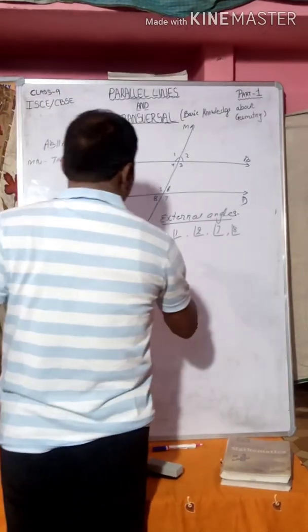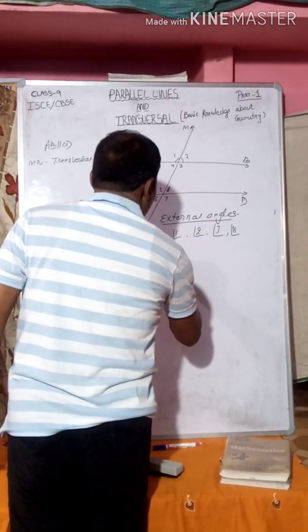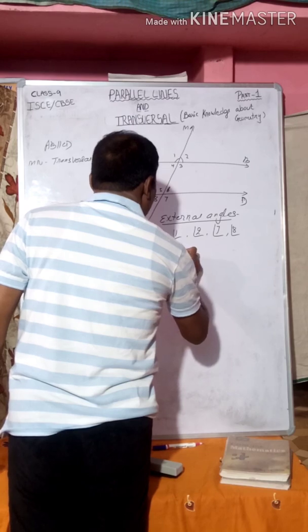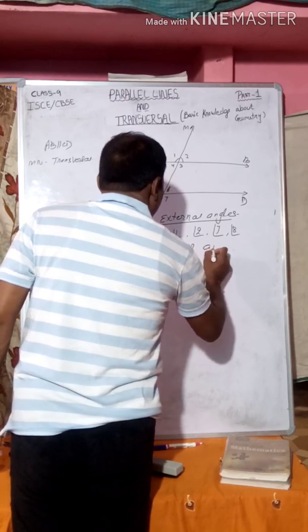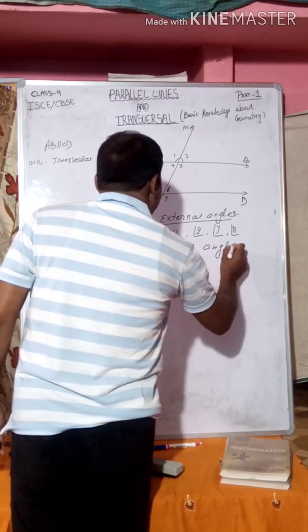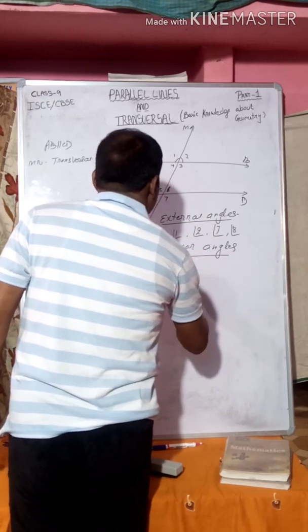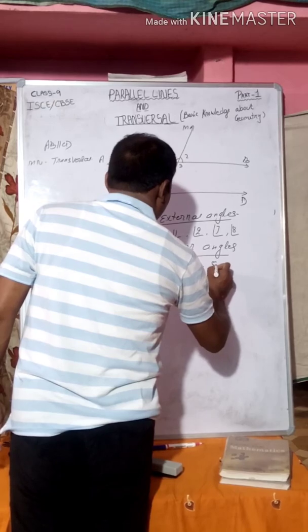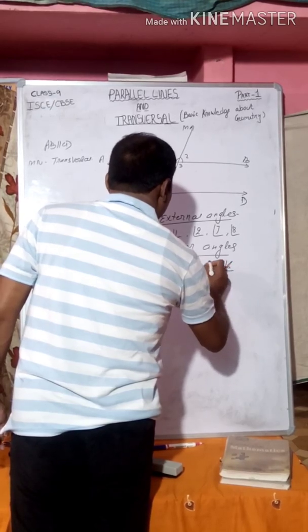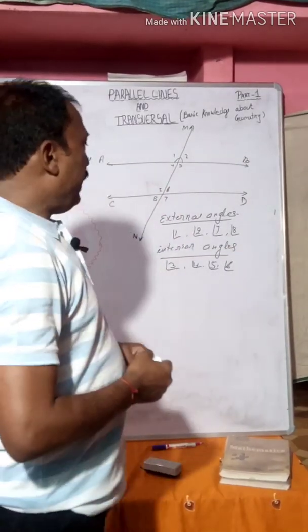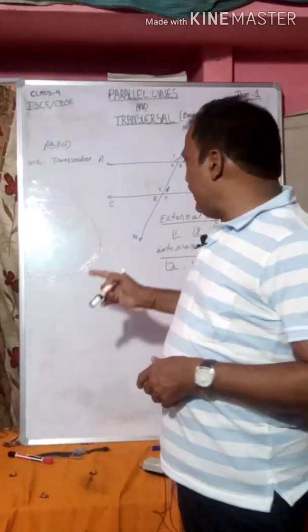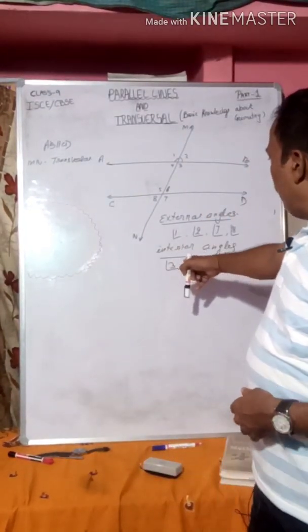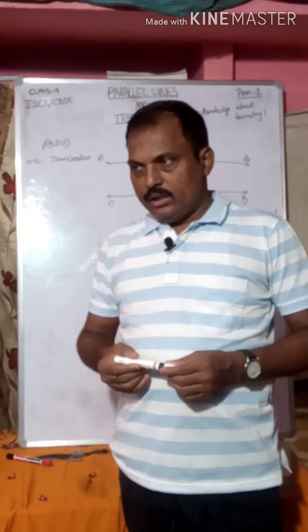Interior angles are 3, 4, 5 and 6. So 4 external angles or exterior angles and 4 interior angles.